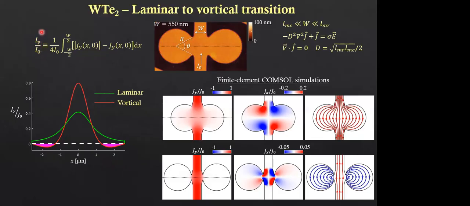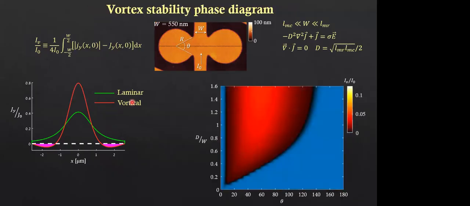And using this I_V over I_0 quantity, we'll be doing COMSOL simulation, and what this phase space shows is that for a certain value of d over W and opening angle theta, one can divide the phase space into two parts.